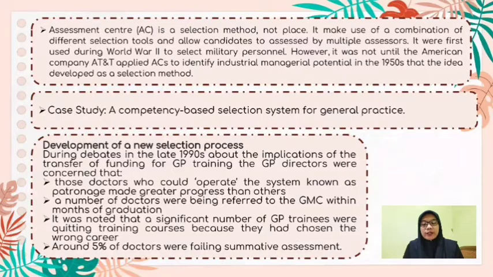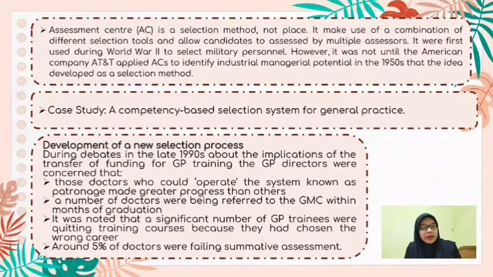It was first used during World War II to select military personnel. However, it was not until the American company AT&T applied ACs, or assessment centers, to identify industrial managerial potential in the 1950s that the idea developed as a selection method.